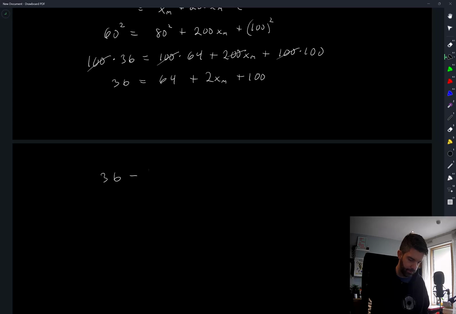36 minus 164 is equal to 2xm. 18 minus 82 is equal to xm.